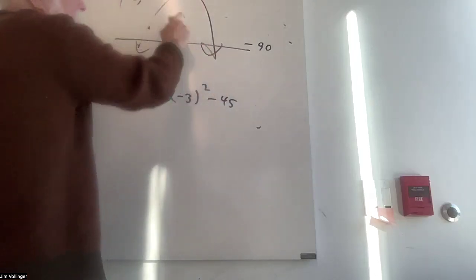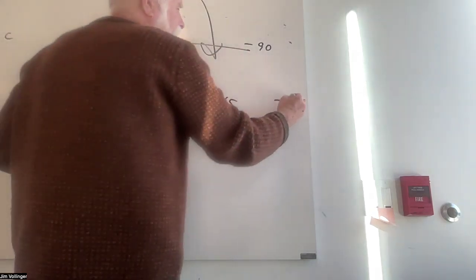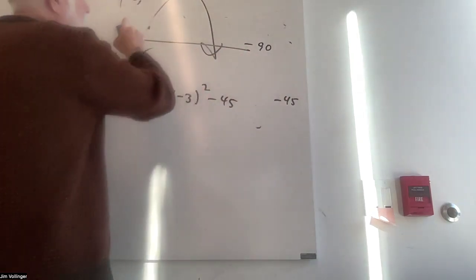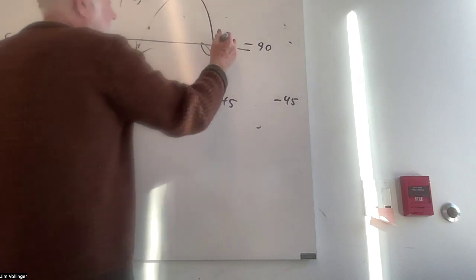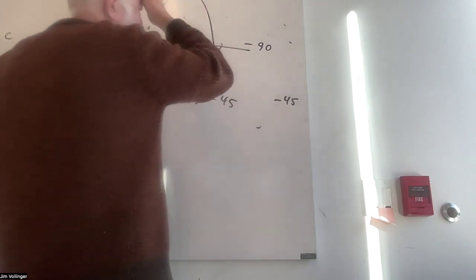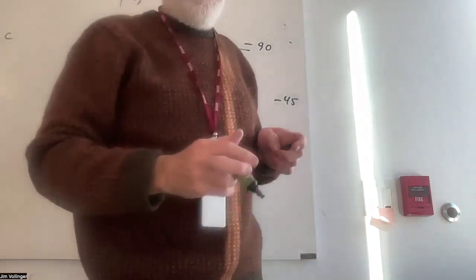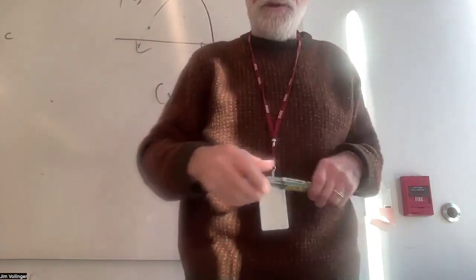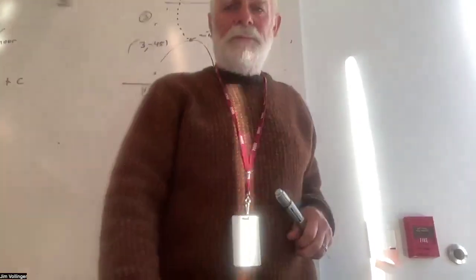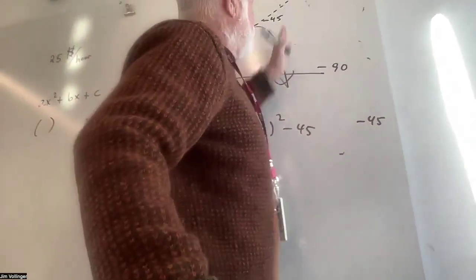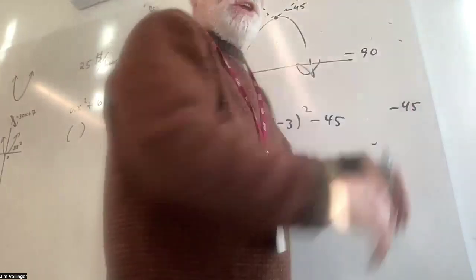So how do I get from negative 45 to negative 90? I go down 45. How do I square change from 3 to 0? Oh, I got lost. And I don't want to make the video again. It's getting very hot in this room. But those x values would match up, except a sign change.